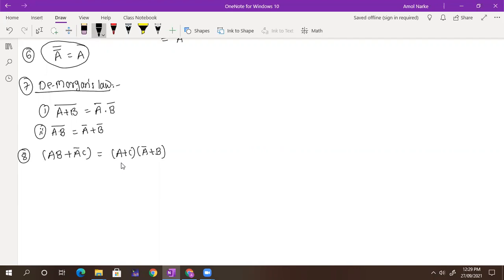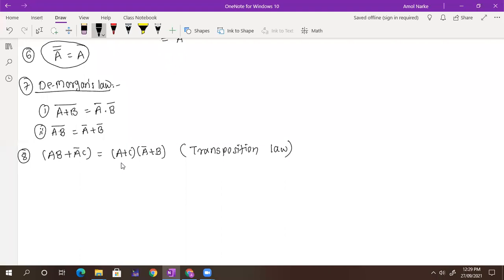Now you have two ways. Either you can find the truth table of LHS and the truth table of RHS and check whether they are equal or not, or you can try to solve this one. So how can one solve? This law is called the transposition law.